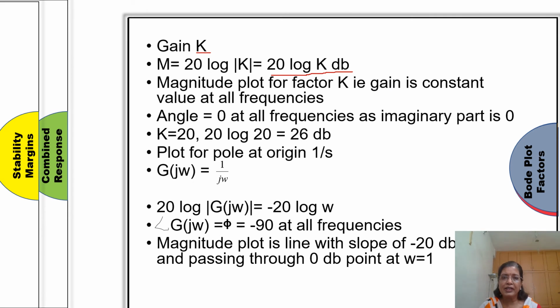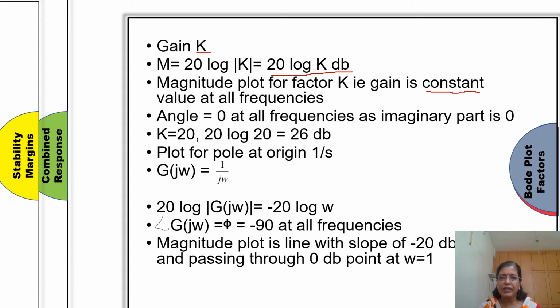Here we can see that no ω term, that is no frequency term, is involved. So even if we vary the frequency from 0 to infinity, this magnitude is not going to change. Therefore we say that the magnitude plot for factor K, that is gain K, is constant for all frequencies.